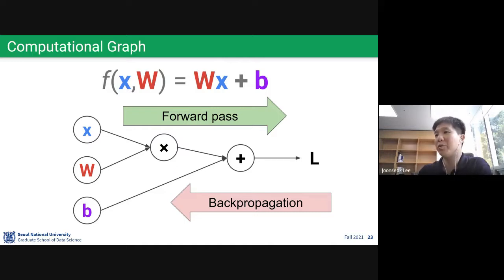Based on that, we would like to update them. Because of the chain rule, the partial derivatives on the right of this graph are needed when we compute on the left. So that's why we are backpropagating instead of doing a forward pass when we compute the gradients.